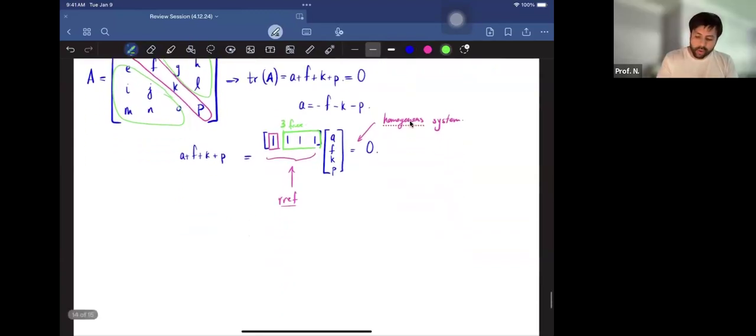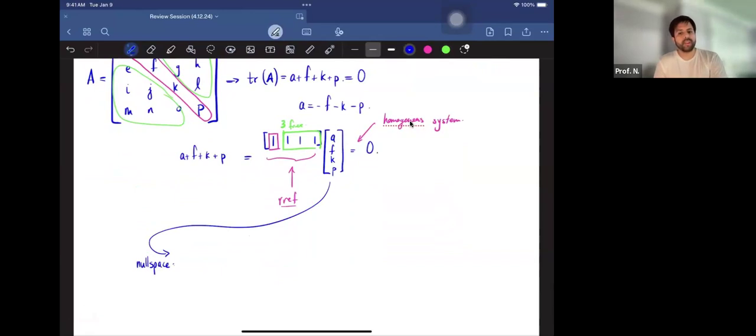Now, if I really want to go all the way through this, what would I do? This is actually a good exercise. I want to know the null space. So what would the null space look like?